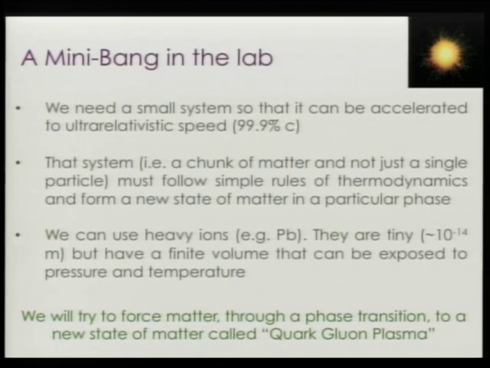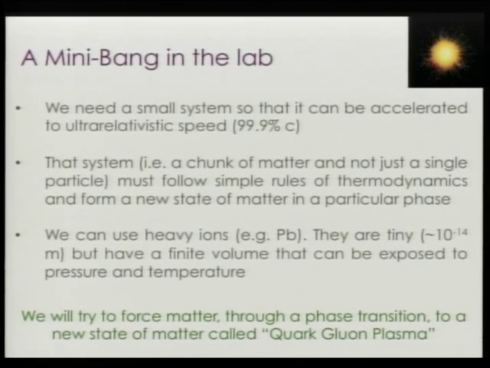So I need something that is tiny because it must be accelerated, but something that is not infinitely small, that has some dimension, because I want to study the early universe, the evolution, the thermodynamic properties, and so on. So what I do, I use ions. The LHC, when we want to do these studies, meaning more or less one month per year, is accelerating ions of lead.